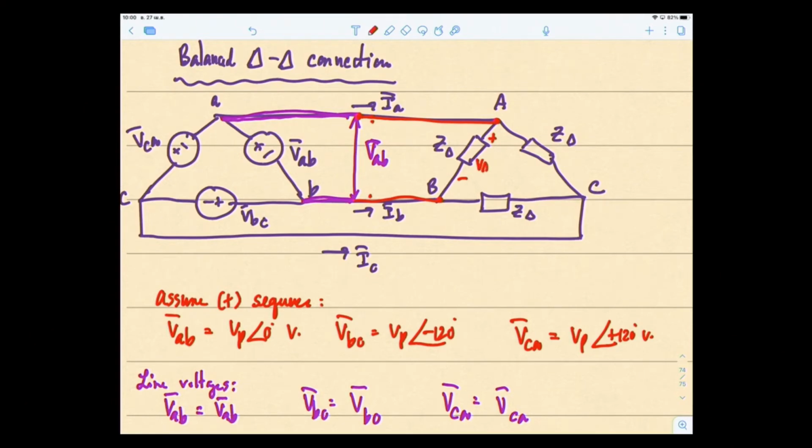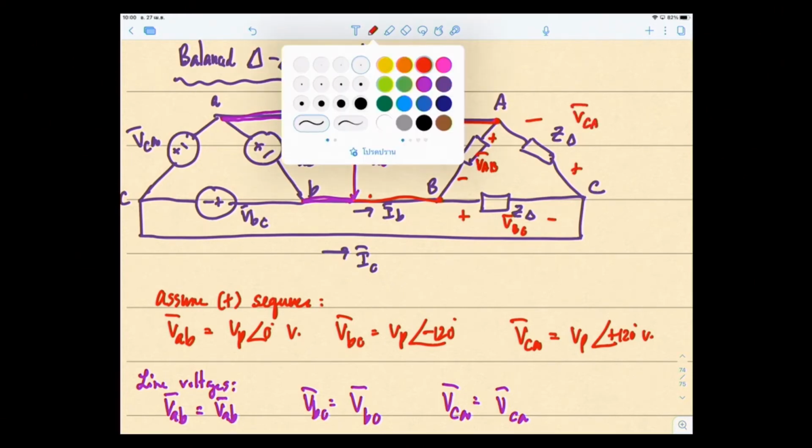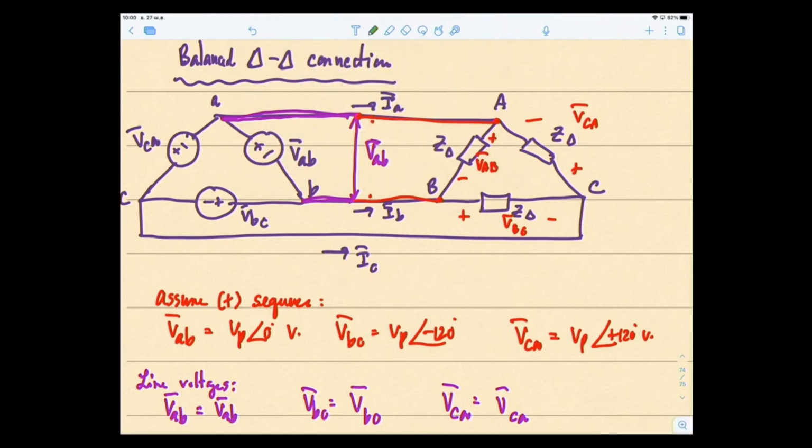So this is VAB, and of course this is VAB. This is VBC, and VCA, the voltage drop. So the current on the load side on each phase would be in this direction. So this is IAB, this is IBC, and this is ICA.